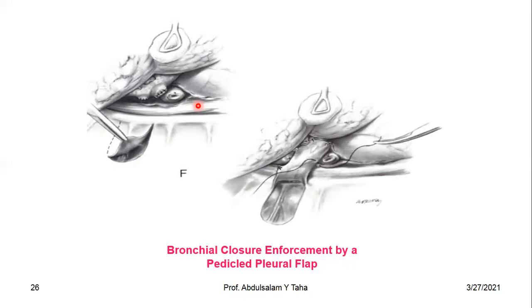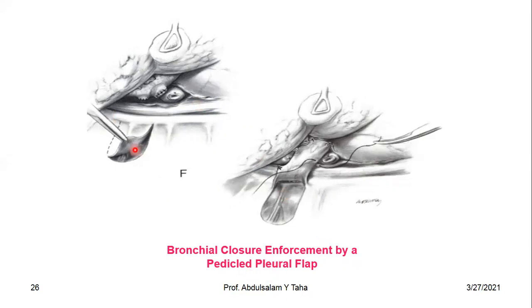One of the problems that occur after lung resection is bronchopleural fistula due to the dehiscence of the bronchial stem. So when we have had chemotherapy or radiotherapy, or a tumor in the nearby bronchus, and we are afraid of the possibility of bronchopleural fistula, we can do bronchial closure reinforcement by a pedicled flap.